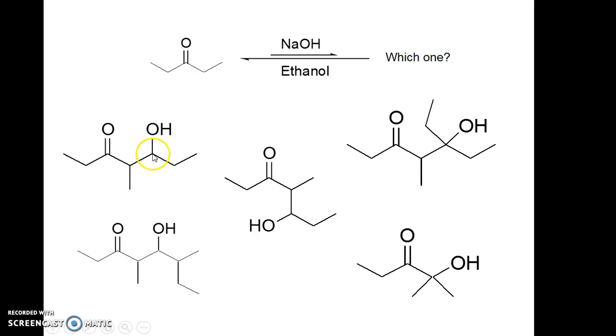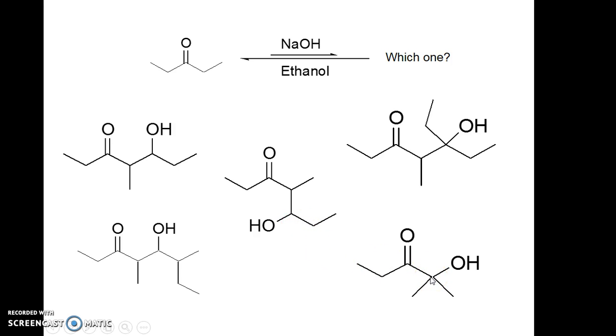This has a carbon with an alcohol, but there has to be two ethyl groups attached, so that one doesn't work. If I look at this, there's a carbon with an alcohol, but there aren't two ethyl groups. We're going to have two ethyls and then a carbon with an alcohol attached right here. No, two ethyls, you have the wrong arrangement over here. Again, a carbon with an alcohol, but there's only one ethyl group.